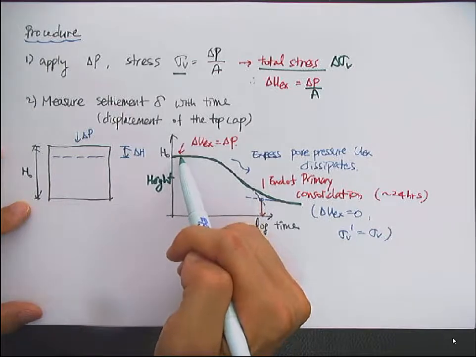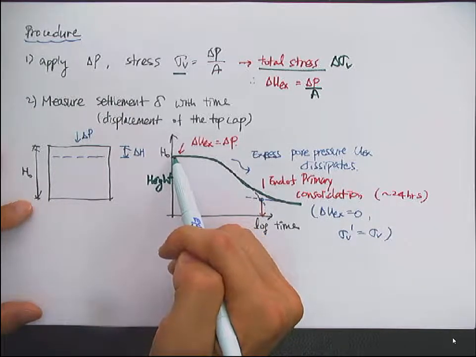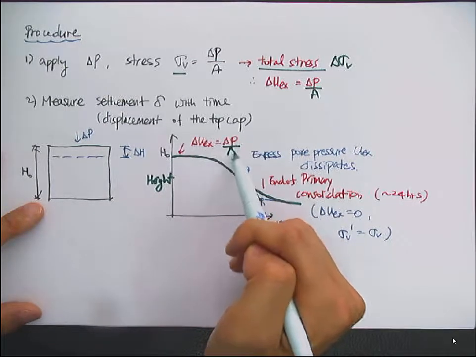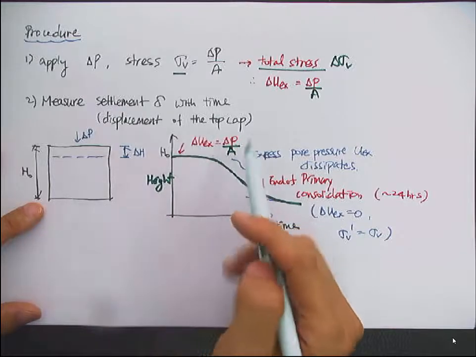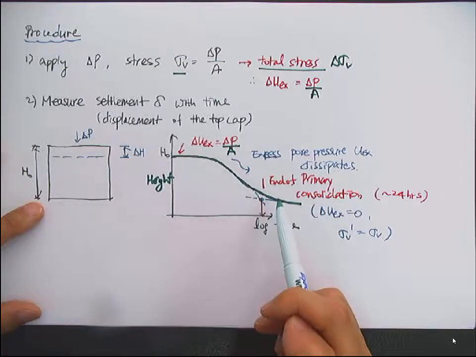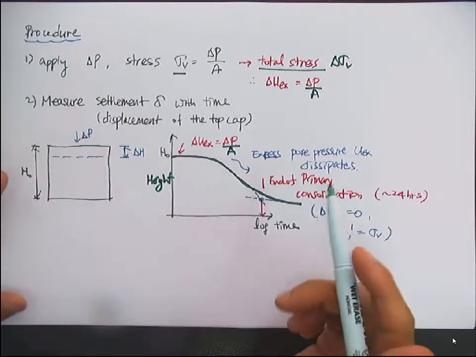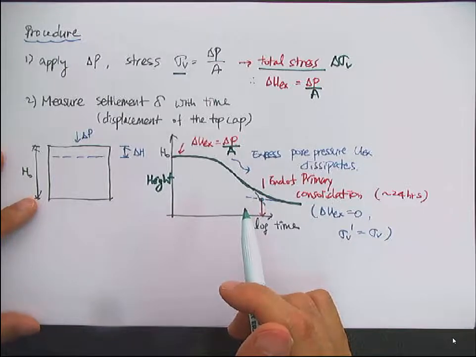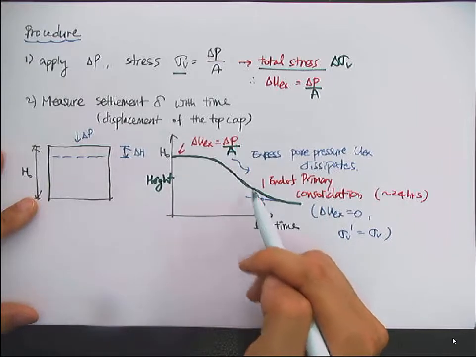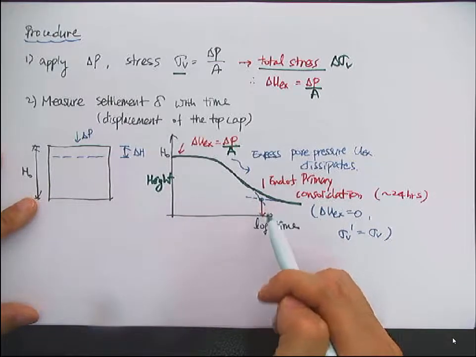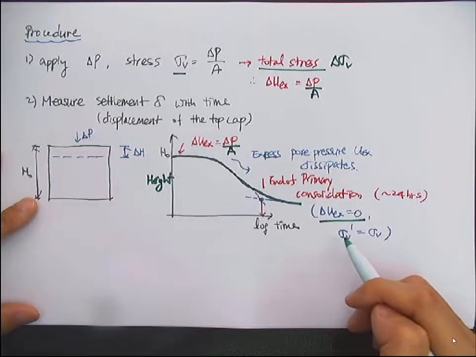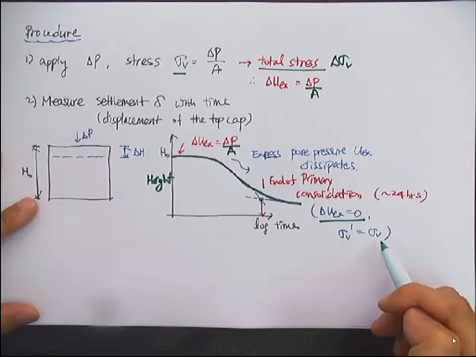At the initial point, as soon as you apply the delta P, you have an excess pore pressure increase by delta P over A. Here, note that delta P is the force term, and this excess pore pressure will dissipate as time goes by because the water can escape, according to the permeability of the clay specimen. And then you have the end of primary consolidation. At this point, you have zero excess pore pressure, and the vertical effective stress will be the same as the vertical total stress.